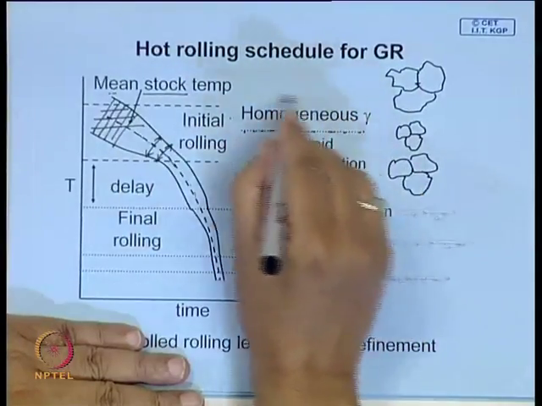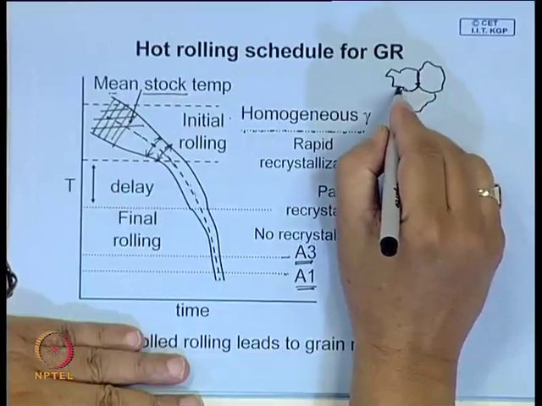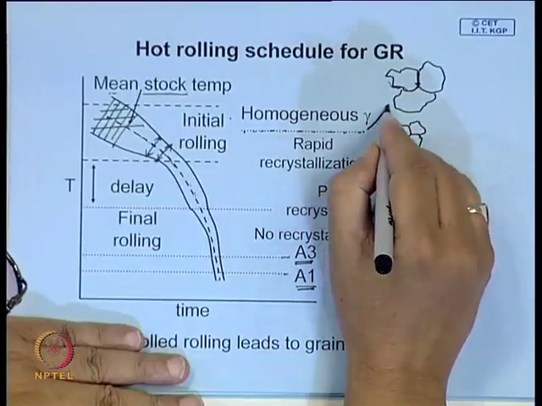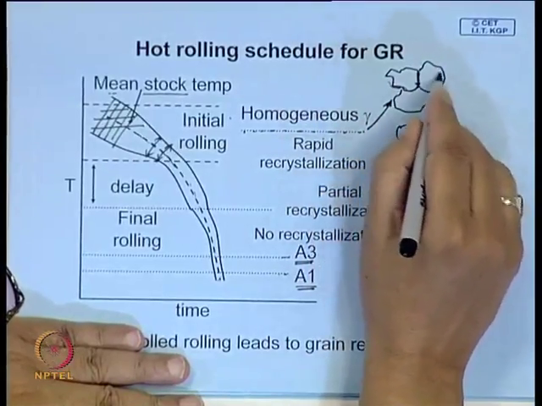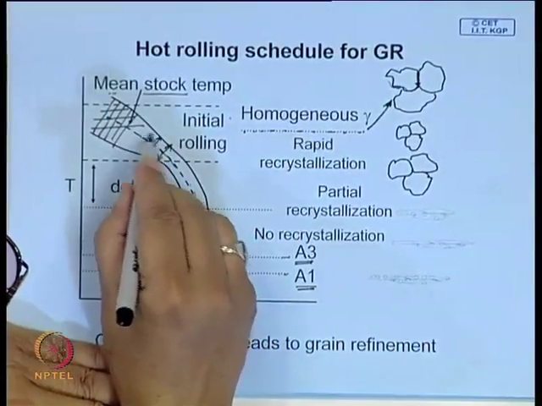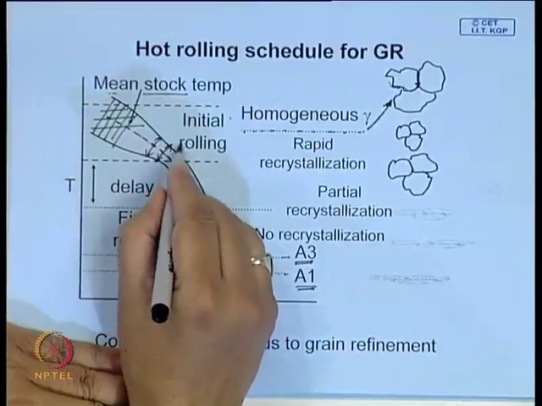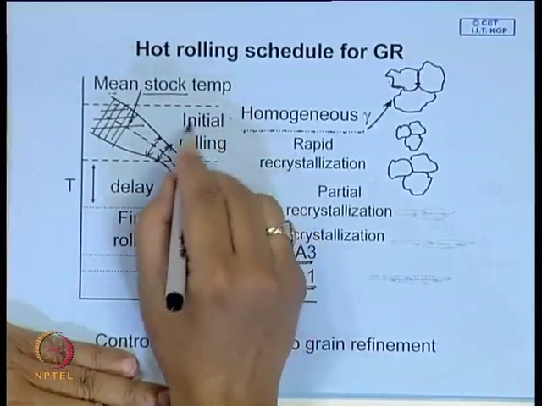So, if you have homogeneous austenite, these grains may have grown, which is typically shown here. Above this temperature you have this coarse austenite grain, and when you are giving reduction you try to give as high a reduction as possible, and at higher temperature the strength of the material is also low.